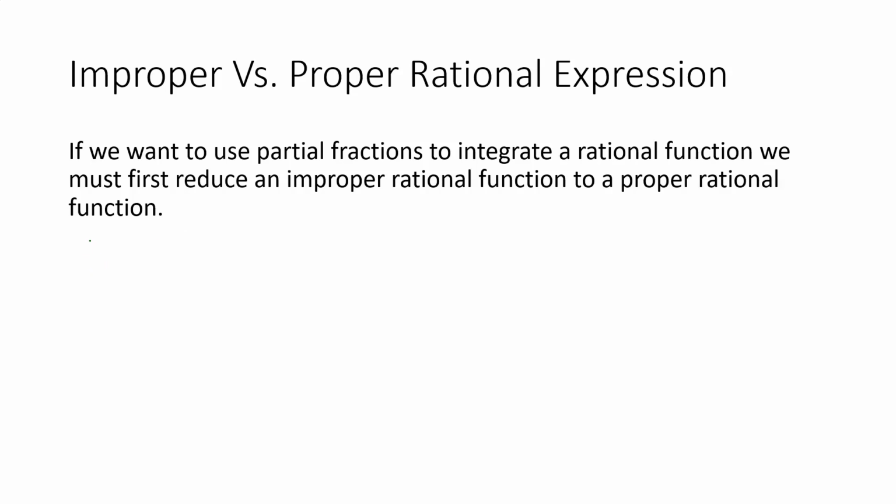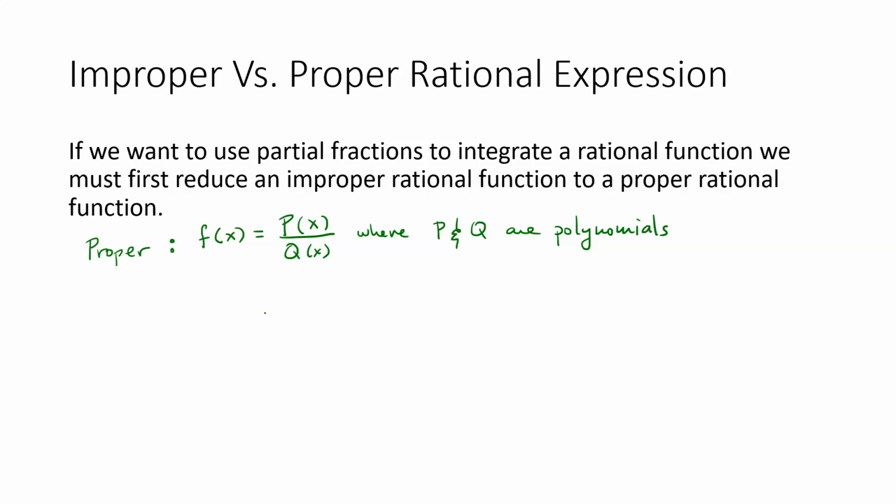So when we say proper, it means that the rational function, say I have f of x equals p of x over q of x, where p and q are polynomials, we will say is proper if the degree of p, in other words, the degree of the polynomial in the numerator, is strictly less than the degree of q.